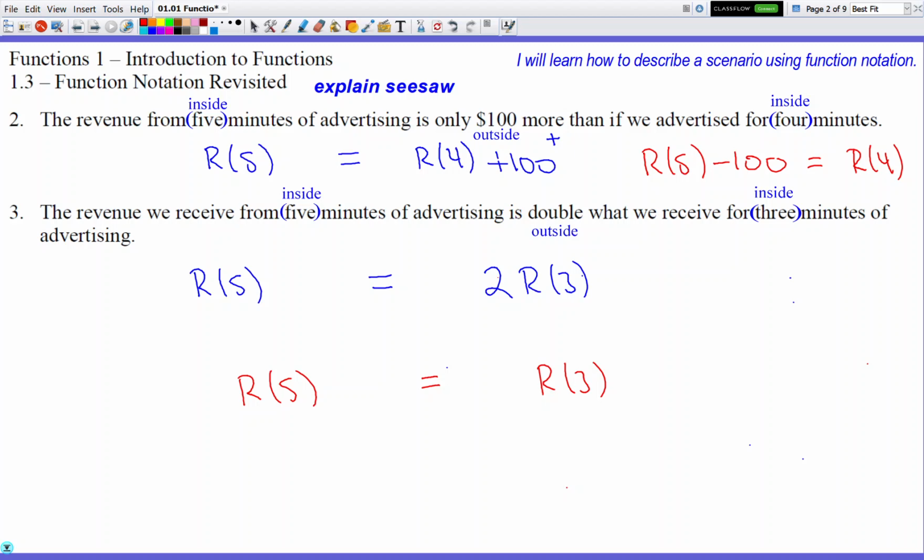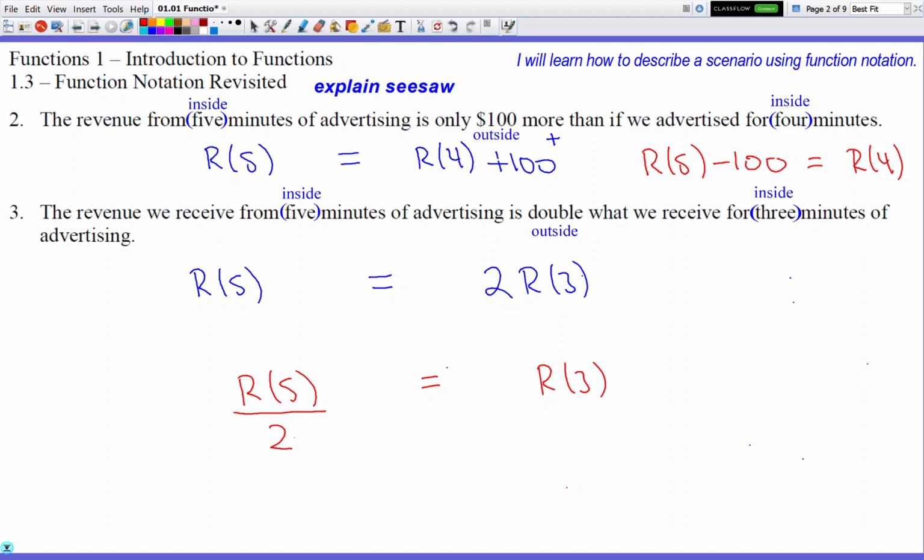How can I use the word double to make the heavier side lighter? And this is where hopefully you think of the scenario where I cut it in half. If I cut the heavier side in half, then it'll balance out. And that's how you can use the word double to get two potential answers that work.